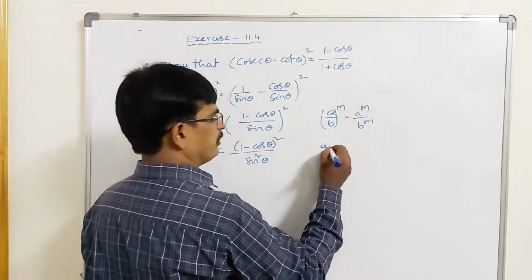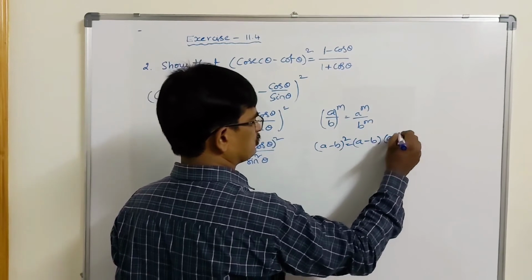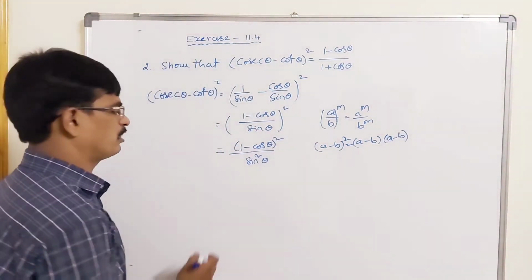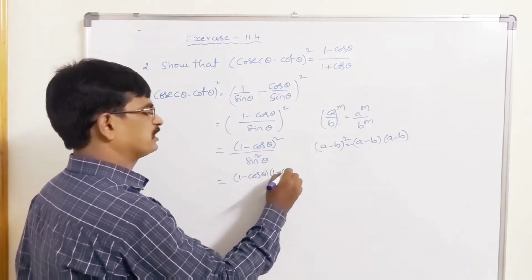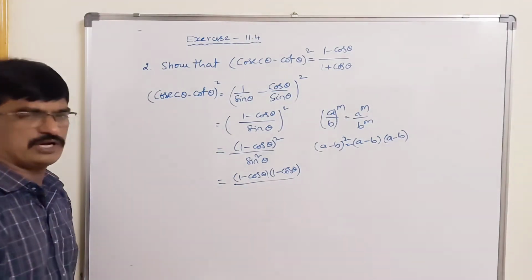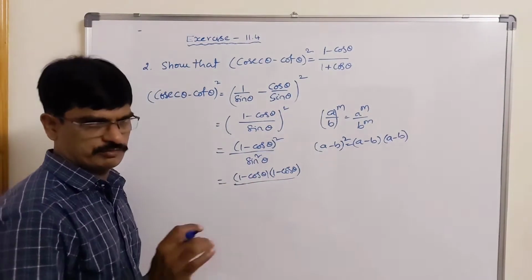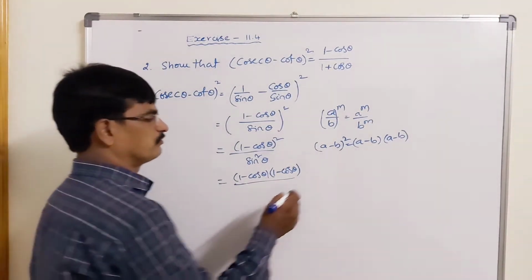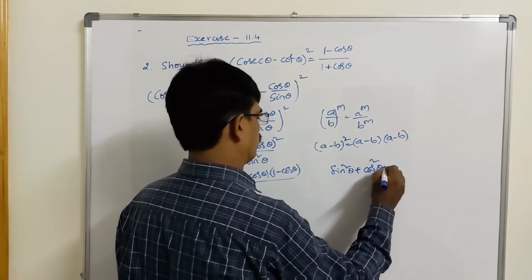Okay, and (a minus b) whole square can be written as (a minus b) into (a minus b), a product of two binomials, that is (1 minus cos theta) into (1 minus cos theta). Because the numerator is in terms of cos, the denominator we must also change in terms of cos. For that we know that sin square theta plus cos square theta is equal to 1.